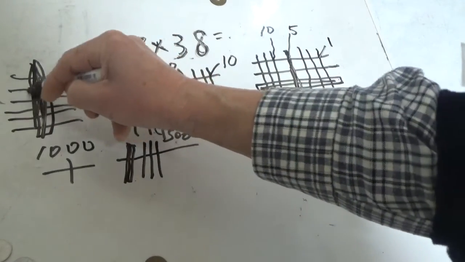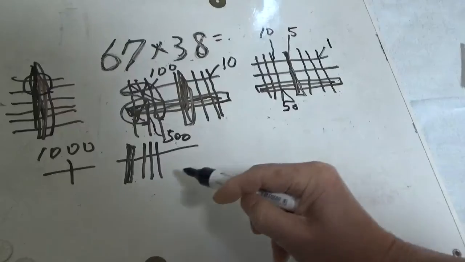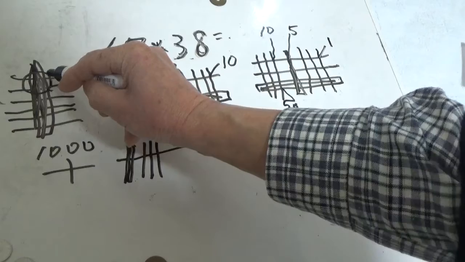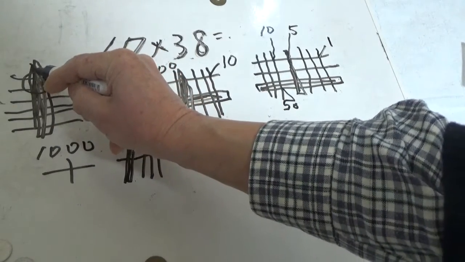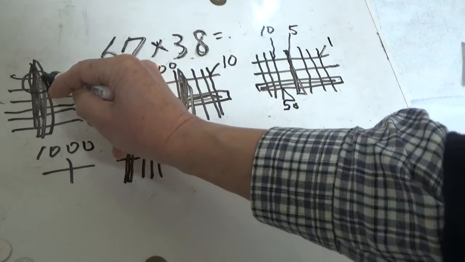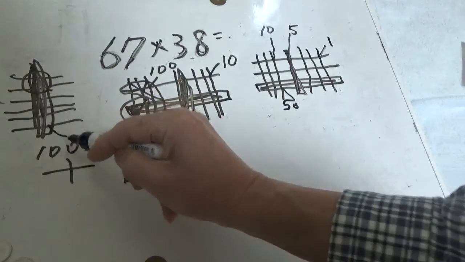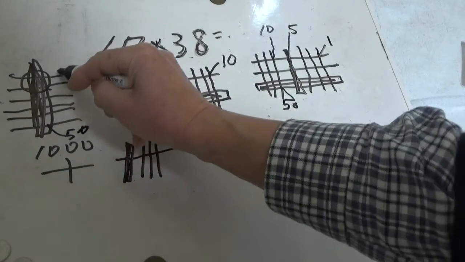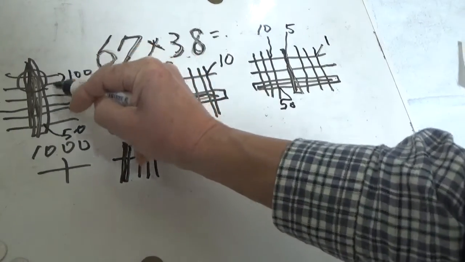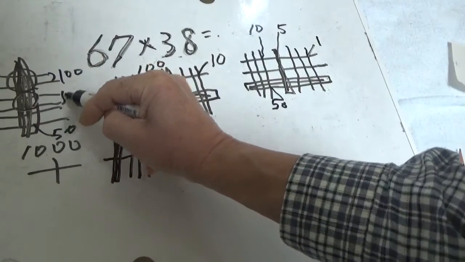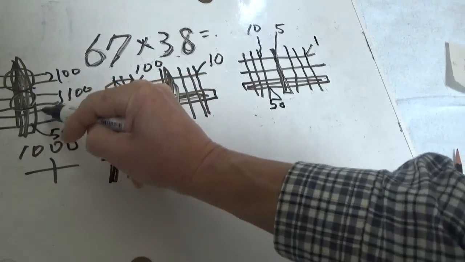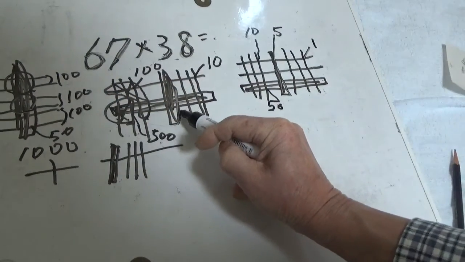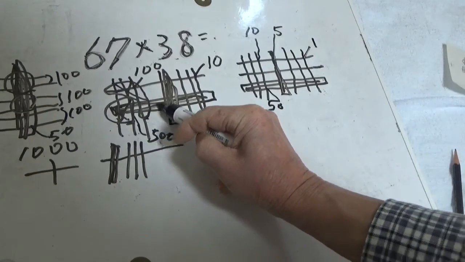This is 5, and this point is 50. 50. So this is 100. This also is 100. This also is 100. So this is 300.